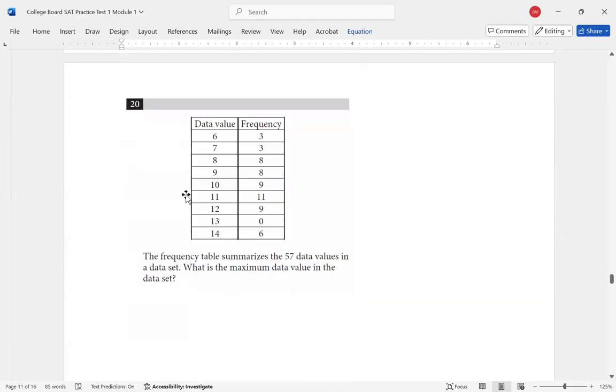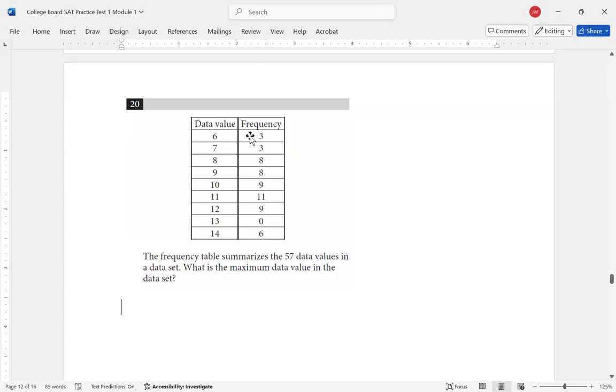Question 21 says the frequency table summarizes 57 data values in a data set. What is the maximum data value in the data set? Now we have to understand that the values are in this list. Frequency is just how often they occurred.